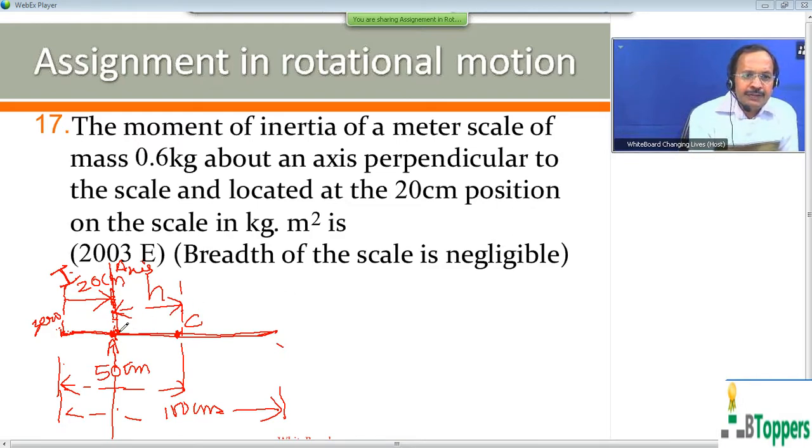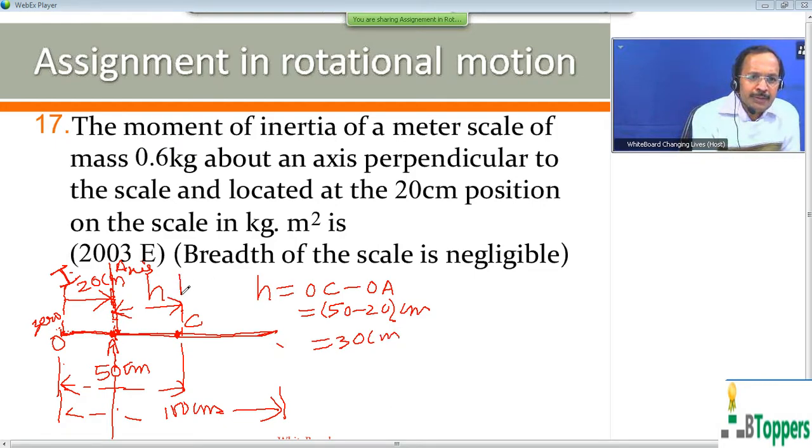Now we can observe from the figure, let O be the left end of the scale which coincides with the 0 centimeter mark. h is the perpendicular distance between A and C, that you can write as the distance from O to C minus O to A. That is 50 centimeter minus 20 centimeter, 30 centimeter. That means we are going to solve the problem by the parallel axis theorem.